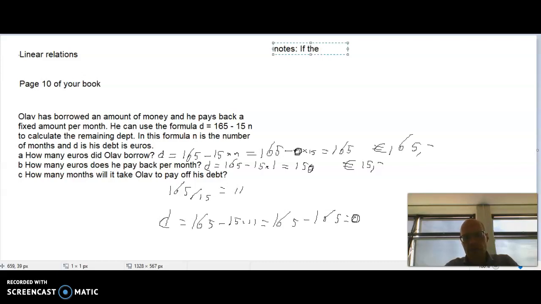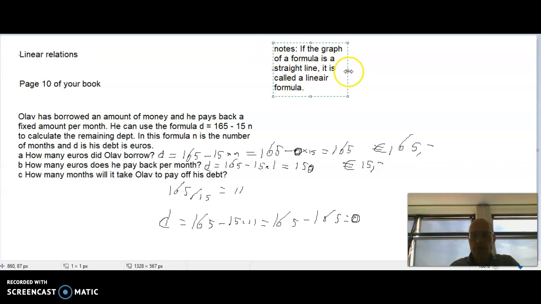If the graph of a formula is a straight line, it is called a linear formula. That's one thing.